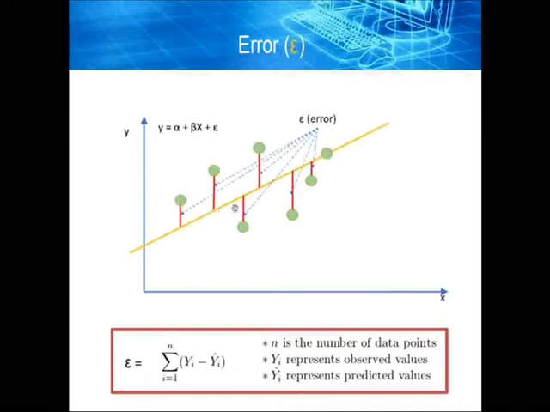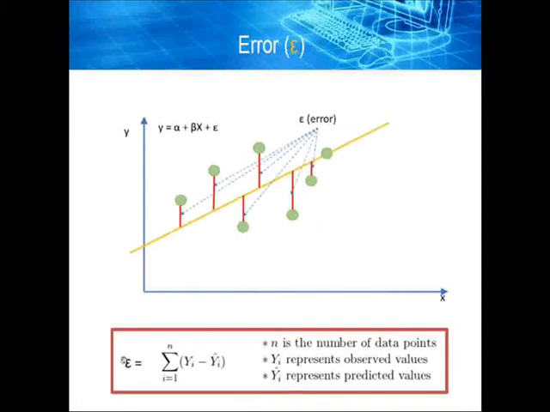Data points which are located on the line have zero error, because the distance between this point and the target point is minimum or zero. So the predicted values are the same as the target or observed values. We consider the error zero at this point, but some points are above the regression line and some are below it. The points above the regression line are considered a positive error, and the points below the regression line are considered a negative error.